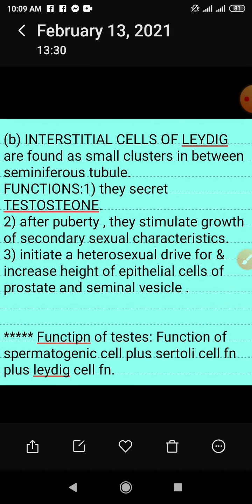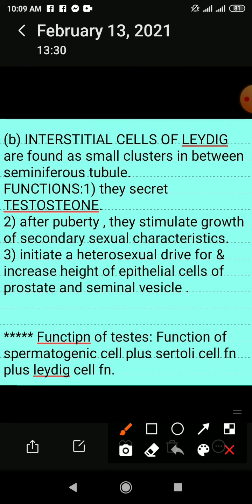Now come to the interstitial cells of Leydig, or Leydig cells. We are talking about the microscopic structure. We saw that these are found as clusters in between the seminiferous tubules, and they have an important function.